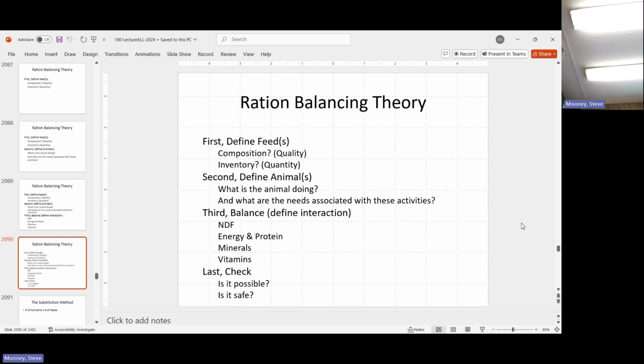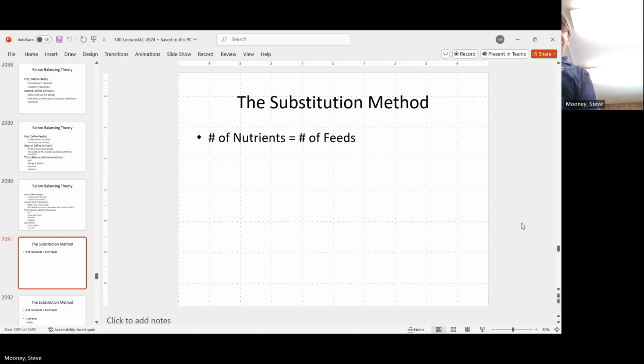You may balance a ration that calls for 3 pounds of blood meal. That's not going to work. And we'll talk about those guidelines as we get into late November. But taking a step back from what you've balanced and checking to make sure that, yes, this is safe and possible to feed to my animals.